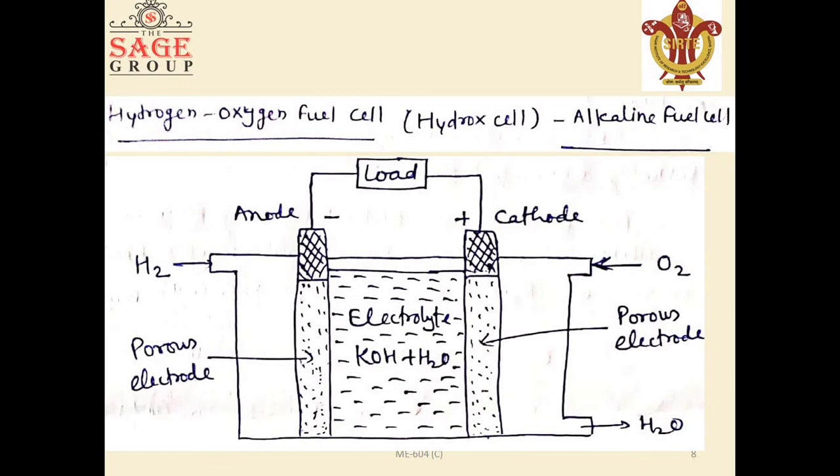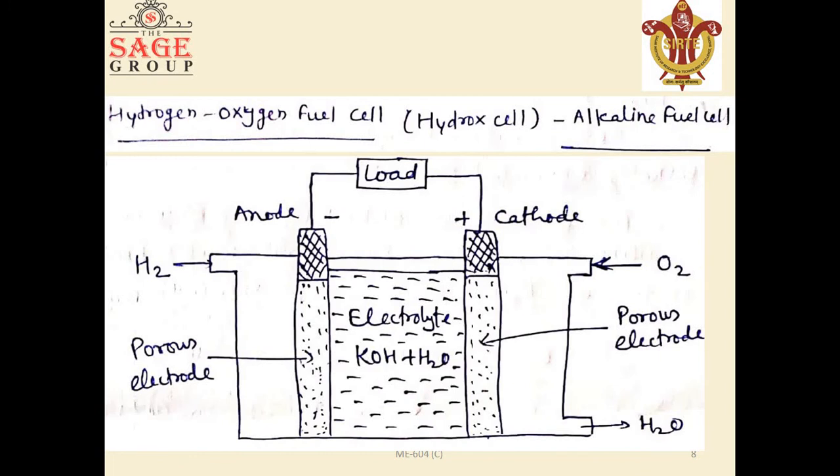This simple schematic diagram is shown in front of you. In the construction, it has 3 chambers separated by 2 porous nickel electrodes, the anode and cathode.